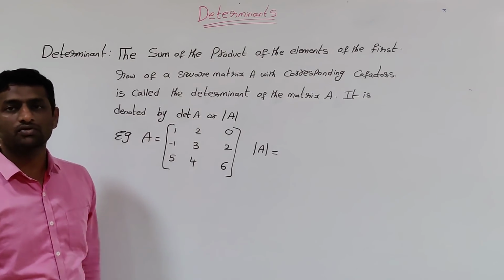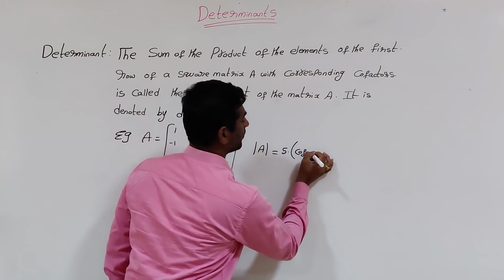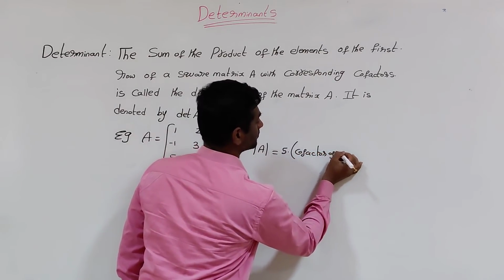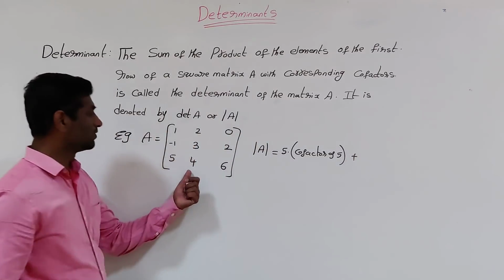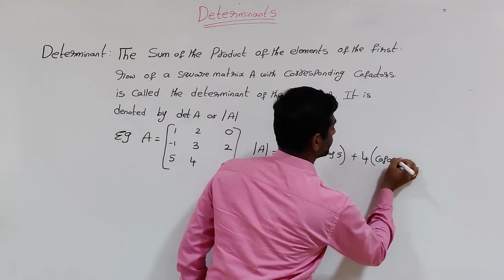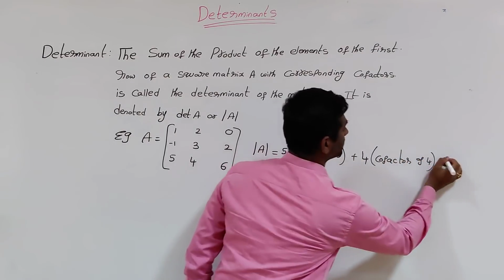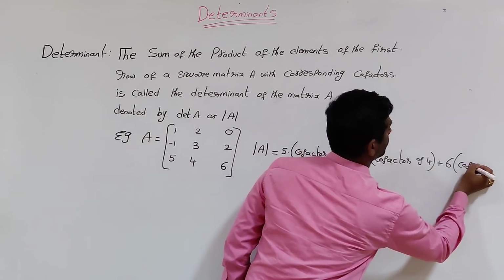We'll see what is the determinant of the matrix. 5 into cofactor of 5 plus 4 into cofactor of 4 plus 6 into cofactor of 6.